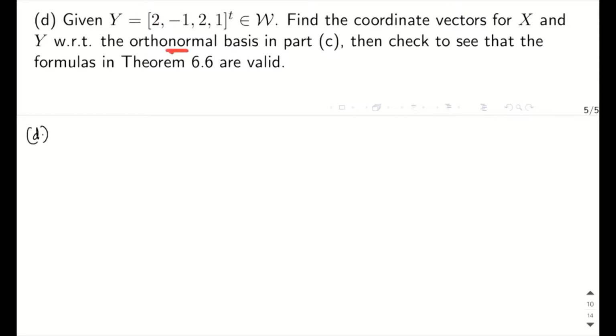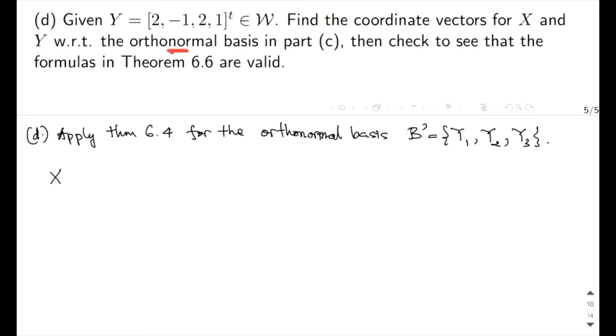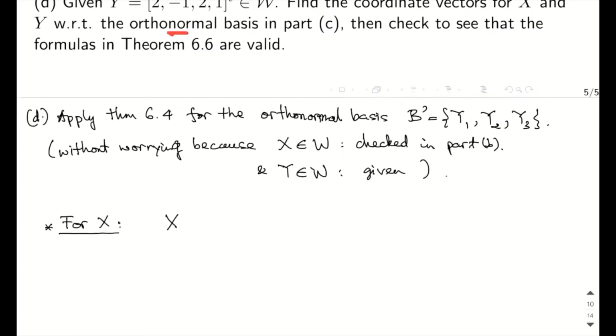So theorem 6.4 is still valid for orthonormal bases. If x is in W, which we have checked, right? And B prime is the basis of W, then x is going to be expressed as x1 prime y1, x2 prime y2, x3 prime y3 according to theorem 6.4.